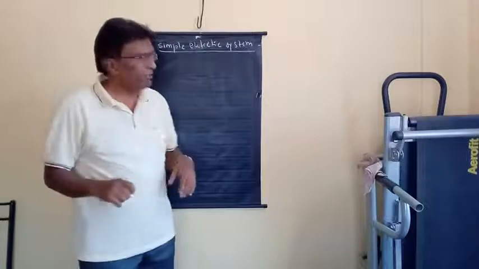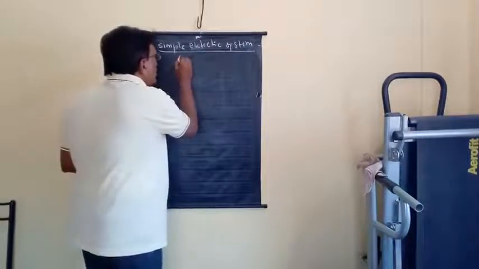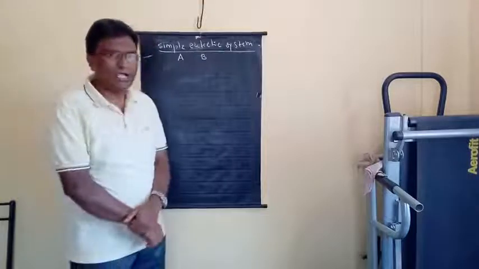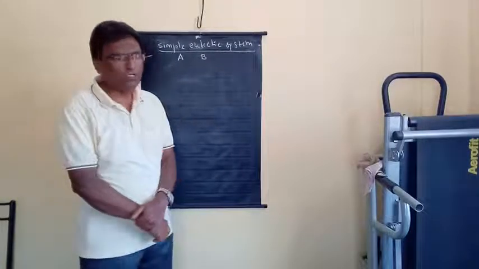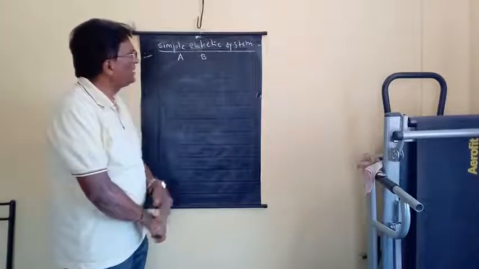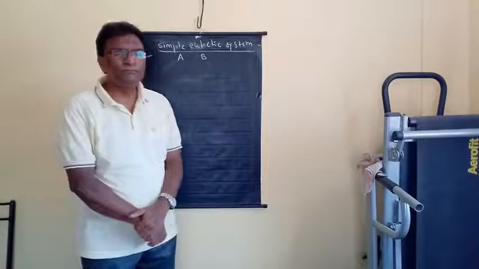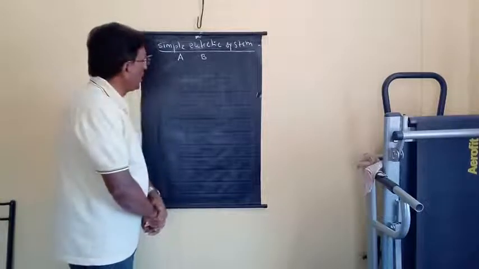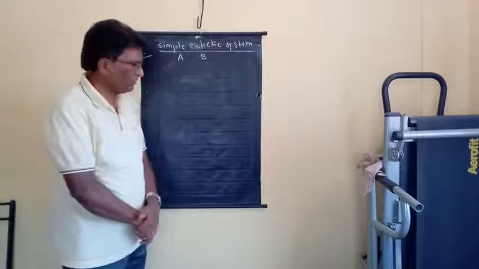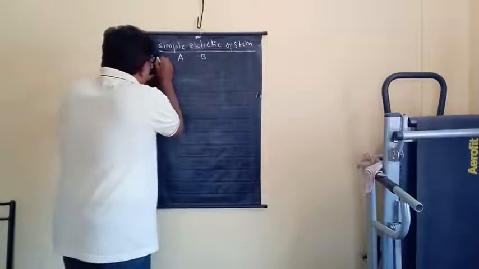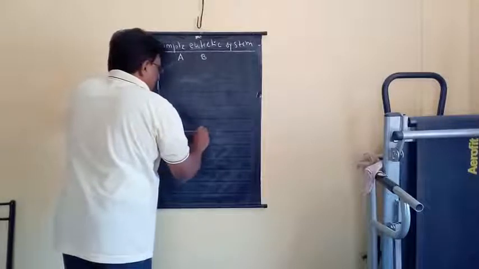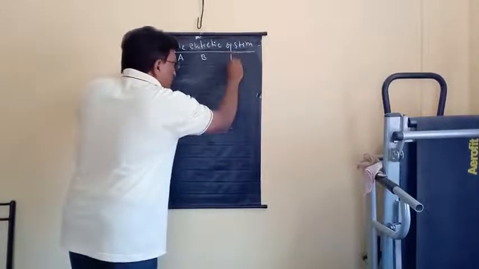Now in this system, suppose we have two components, component A and component B. By considering these two components, we can study this simple eutectic system. Now the phase diagram for this simple eutectic system is as shown in this figure.